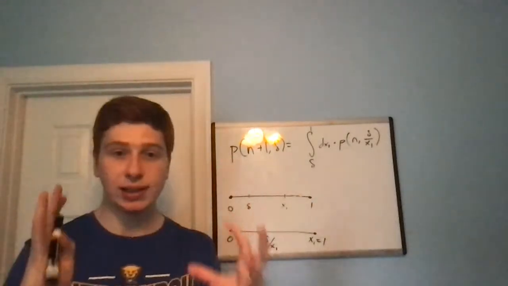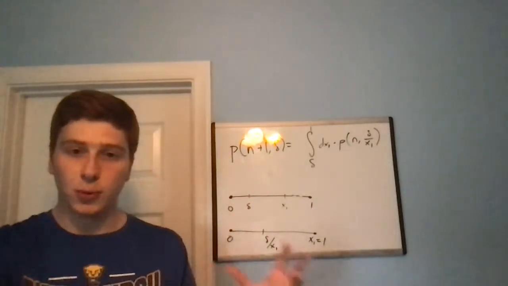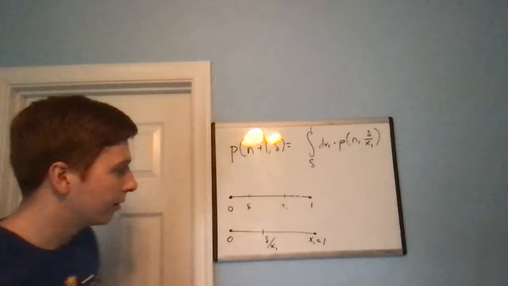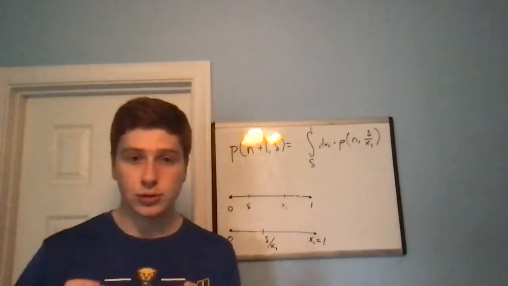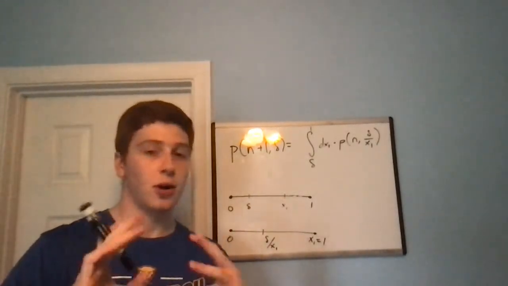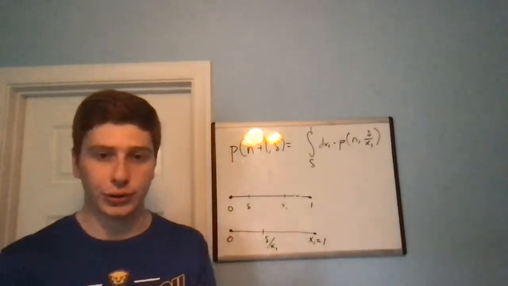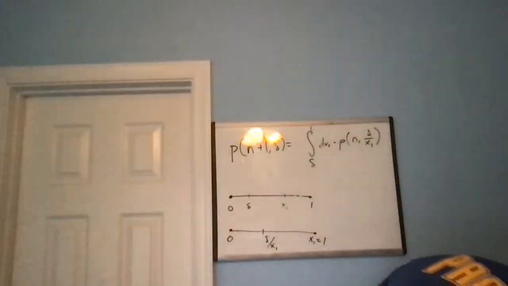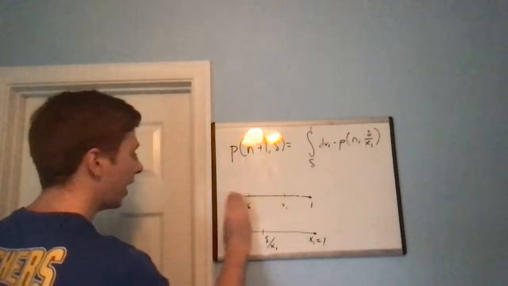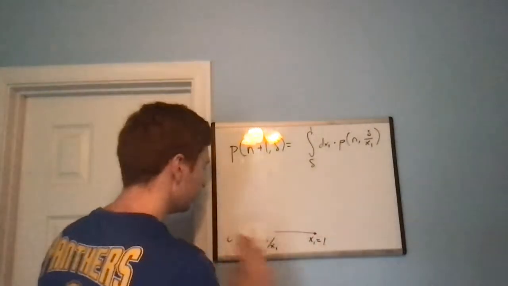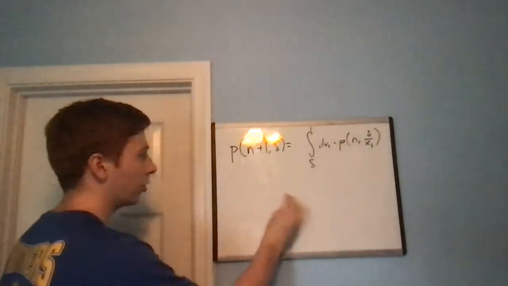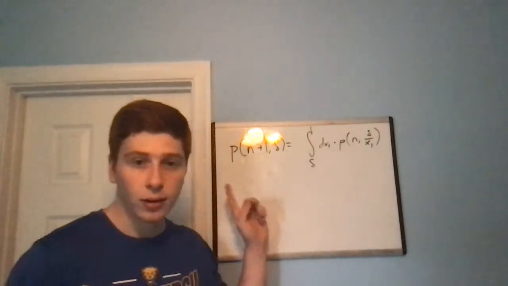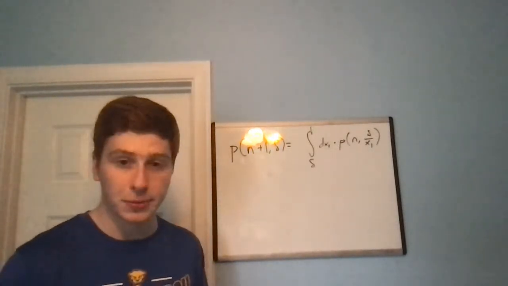This idea is really key, and I'll probably go over it a couple more times as well. All of the solutions really center on this, and I'll frequently revisit it. So now we have this recursive definition for our probability.